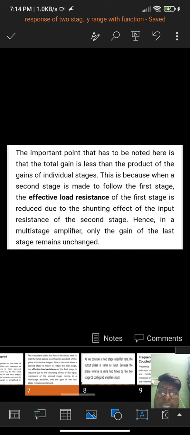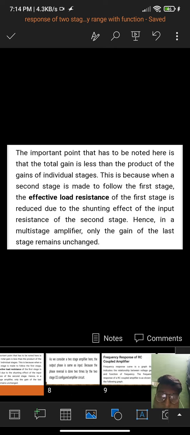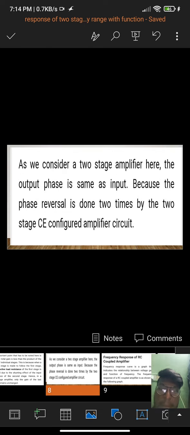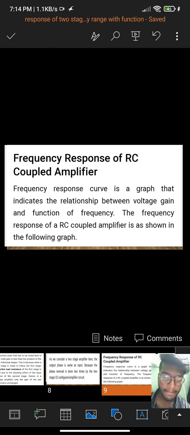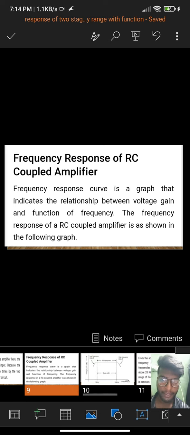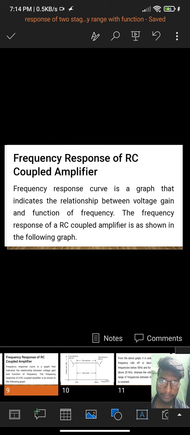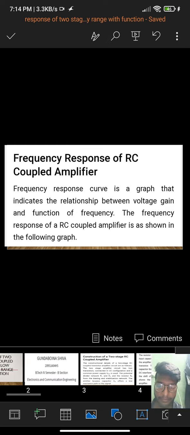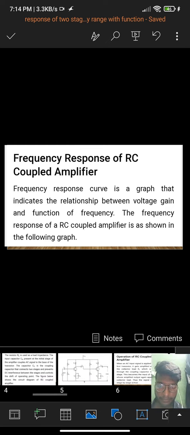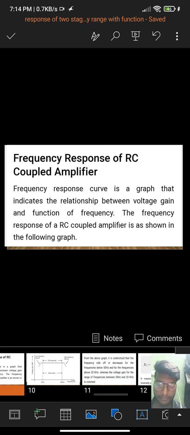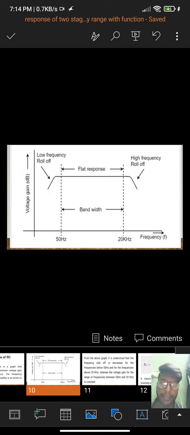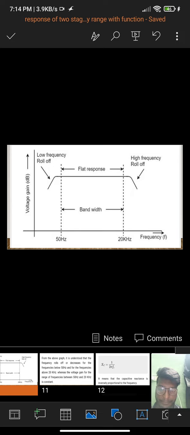Effect of load resistance. Frequency response of RC coupled amplifier. Graph between voltage gain and frequency.